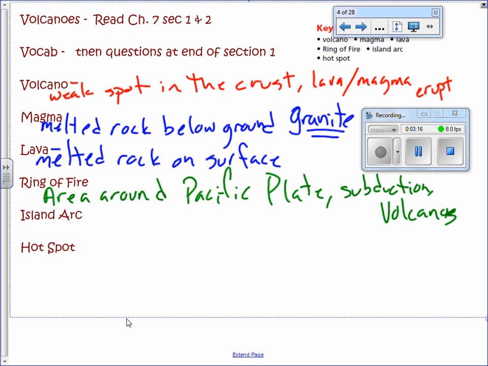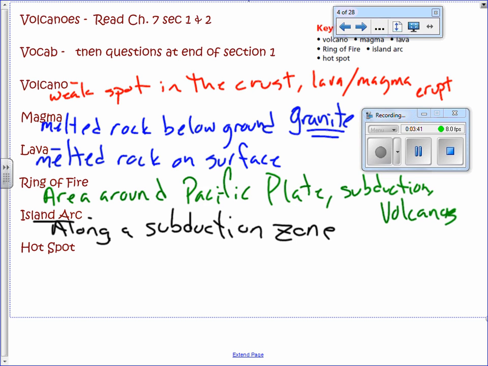Okay, then island arc. What was an island arc? Good. So along the subduction zone, and we'll have the picture here in just a second, where that oceanic crust is getting pushed down into the mantle and being destroyed, it creates so much heat and pressure that volcanoes erupt on the surface.